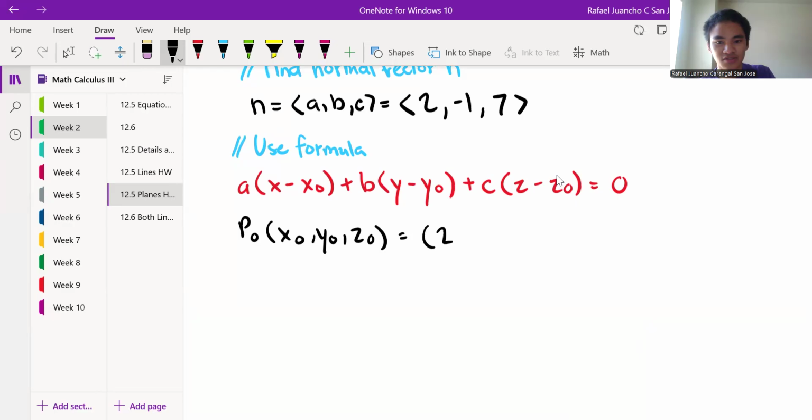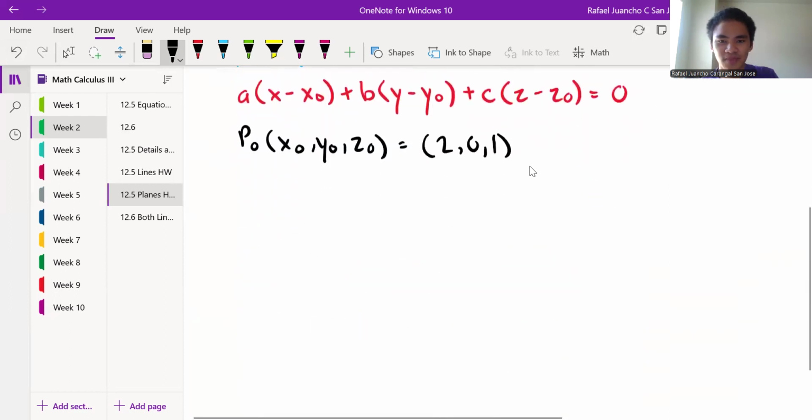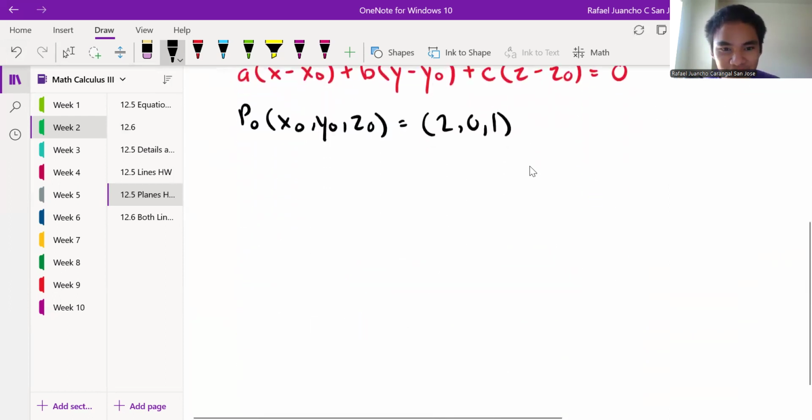So our initial point is 2, 0, 1. Was it 1 or -1? Oh, it's 1. Let me check. I might be wrong. No, I'm right. Okay. Now we just plug it in.